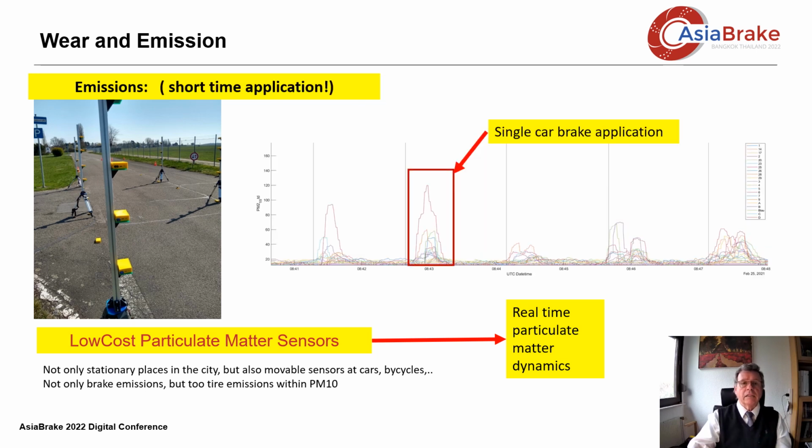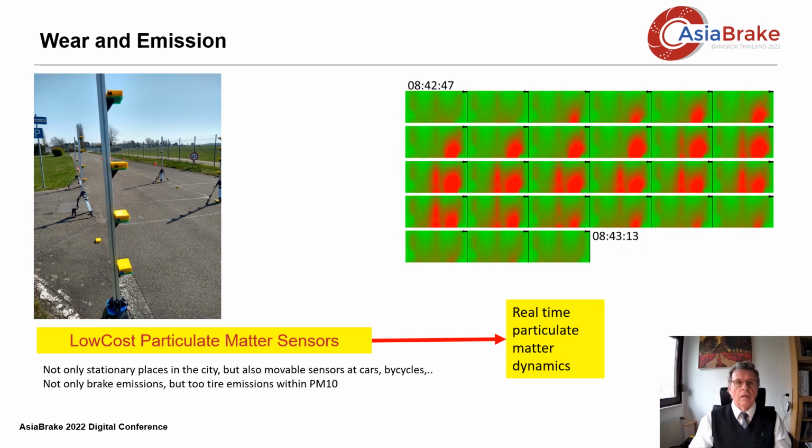If you look at a single braking action, you can already make initial statements about the emission dynamics. An emission cloud forms, not higher than 2 meters, which sinks to the ground again after a short time. Of course, many weather influences also play a role here.